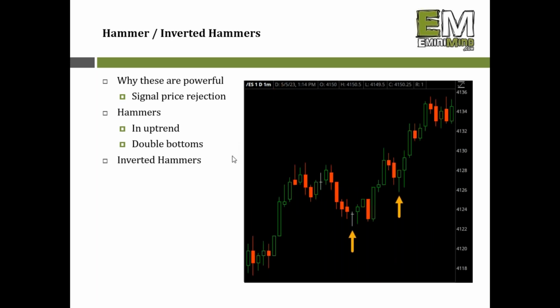The other place that's important to look for are double bottoms in hammers and double tops with the inverted hammer. So a hammer in an uptrend and around a double bottom, an inverted hammer in a downtrend or around a double top. Those are places to be looking for those types of patterns.